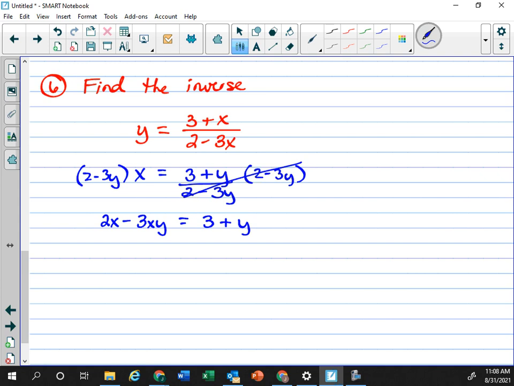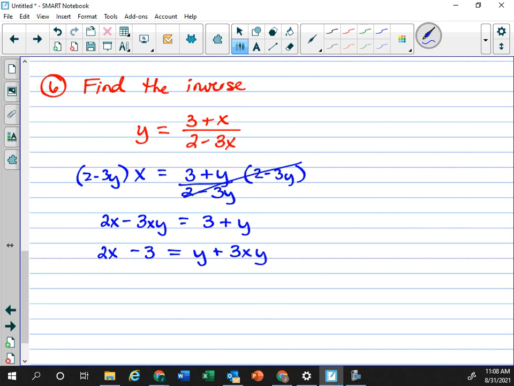So you need to get any term that has a y on one side and all the terms that don't have y in them on the other side. So I'm going to leave the 2x over here, and I'm going to bring over that 3 from the other side. So I'm going to minus 3. I'm leaving the y on the right side, and I'm going to bring over the 3xy. So that would turn into plus 3xy.